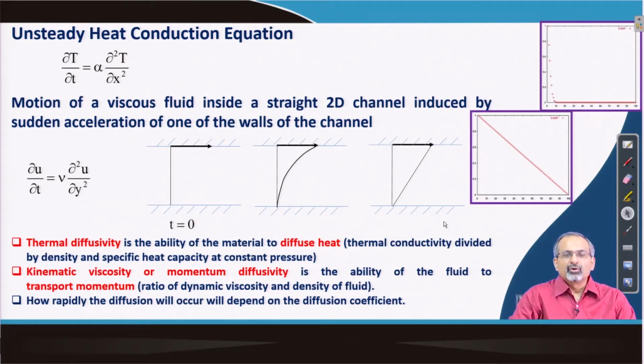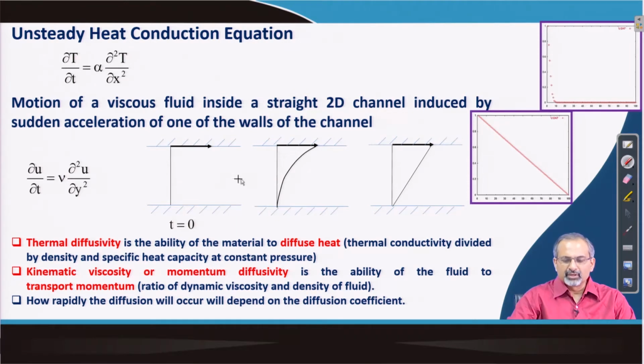This problem could also be looked at from a fluid dynamic perspective, and then we have a slightly different placement of the problem, where we have two parallel flat plates and there is an incompressible viscous fluid which is confined within the gap between the two plates.